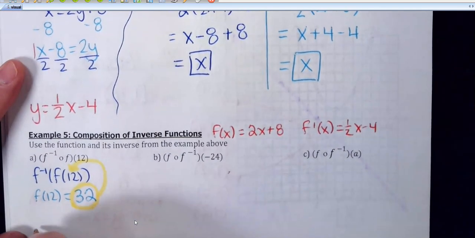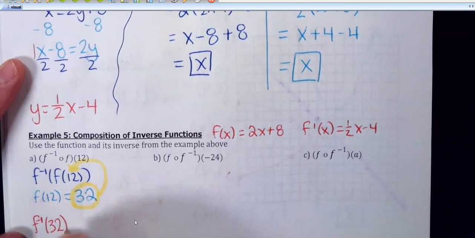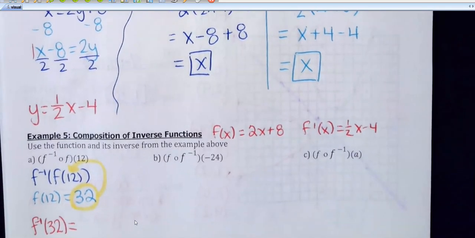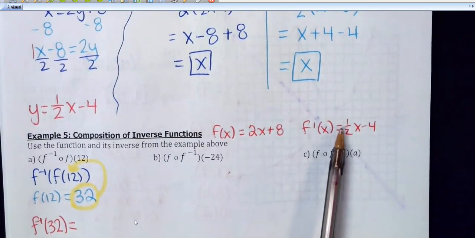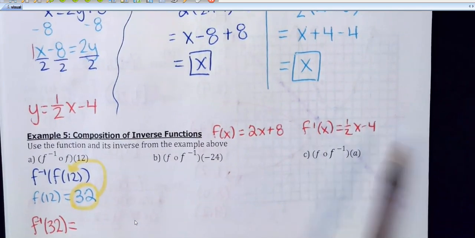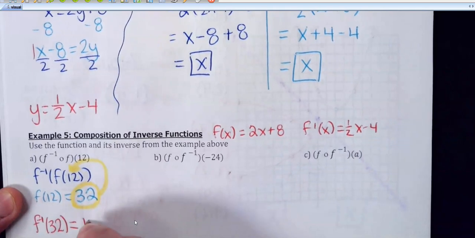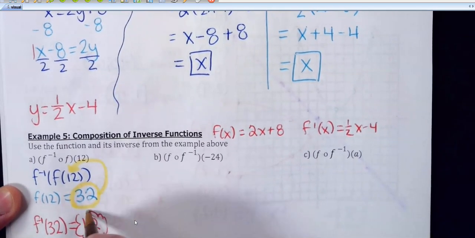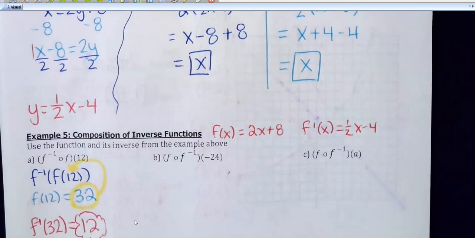So the inverse with the 32 plugged in would be, let's see, half of 32 would be 16 minus 4 would be 12. So that's my actual answer, 12, if I compose those two.